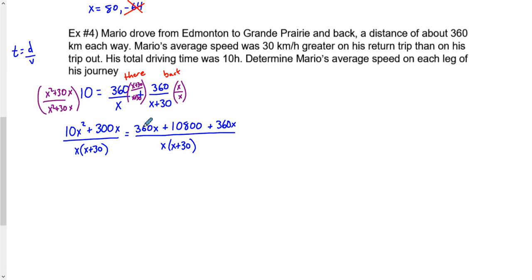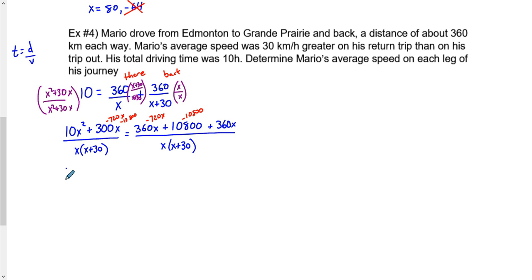So we want to move everything over. 360 and 360, 720. So subtract 720x and subtract the 10,800. Oh, need to make sure I subtract that 10,800.